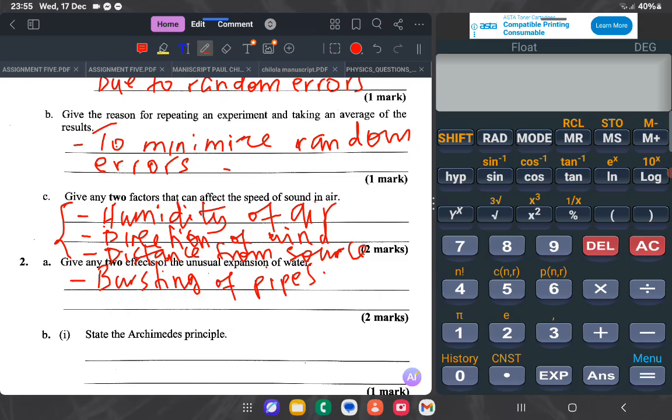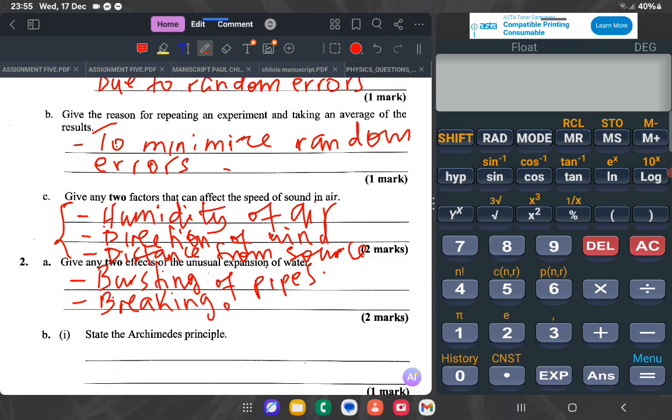Bursting of pipes. When water is cooled below 4 degrees Celsius, it's going to expand. So if the water is in a pipe, the pipe is going to burst. Another effect is the breaking of rocks, which is called weathering.